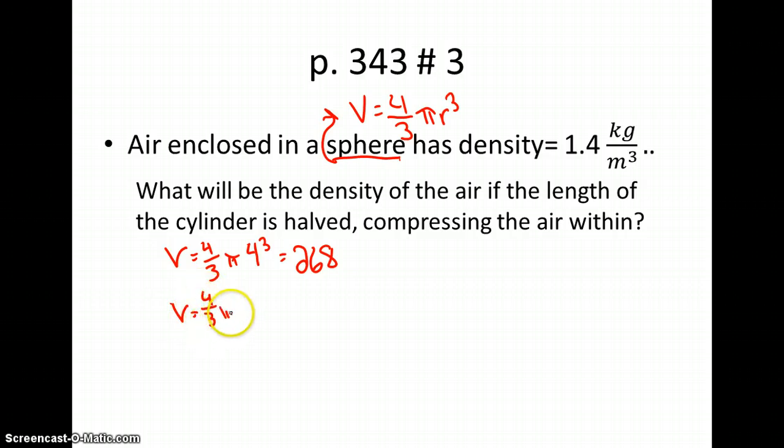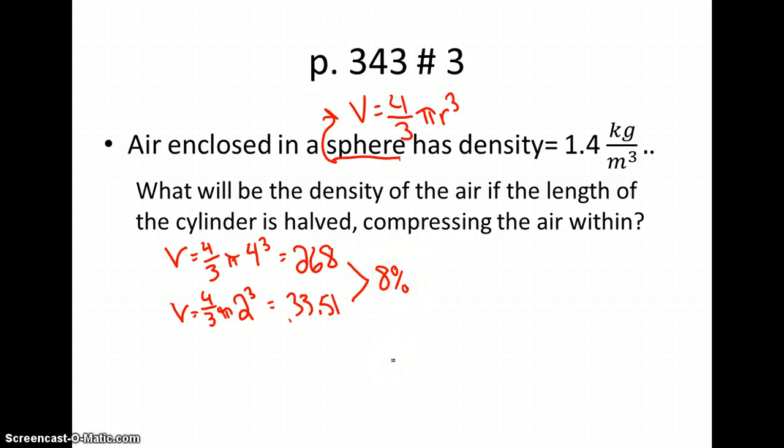So I'm going to do the same thing, 4/3 pi. This time I'm going to halve that radius and cube it. And I get a new volume of 33.51, again, whatever the units that I'm using for these make-believe things are. I can find that the relationship between these two things is that my new one is 1/8 of my original one.